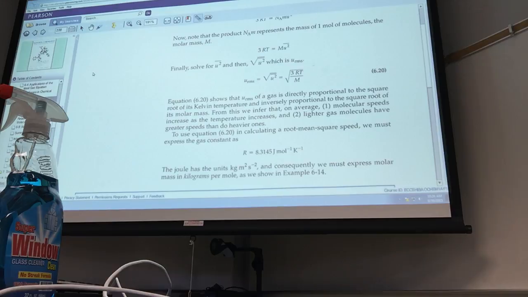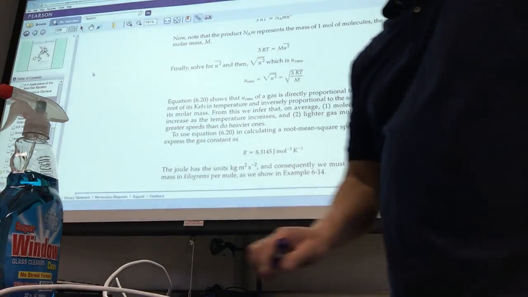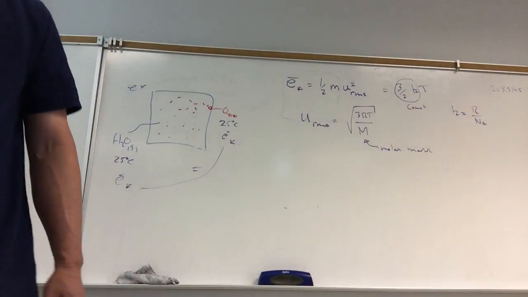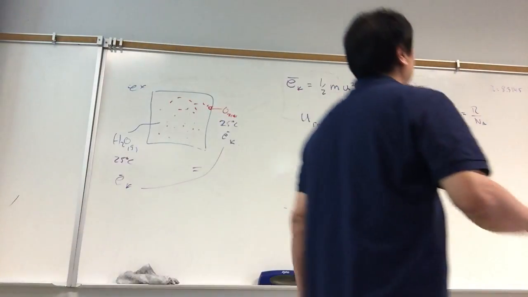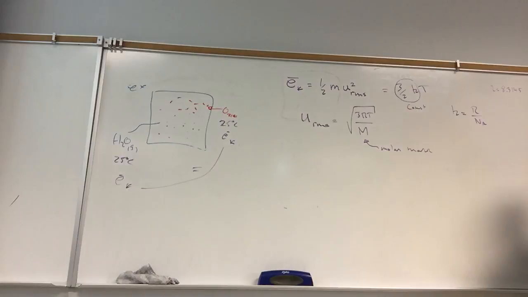And then we'd have to know the physics definition of a joule. Do you know it? 1 joule is equal to a kilogram meter squared per second squared.